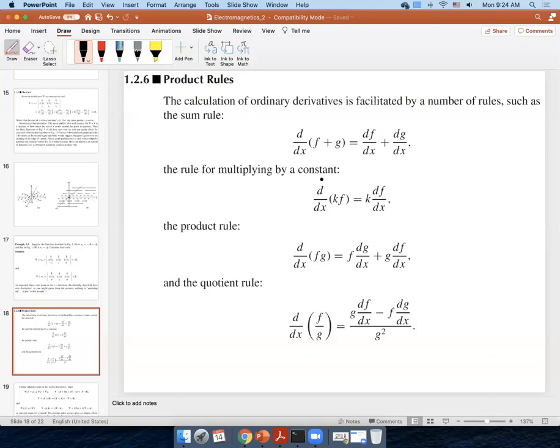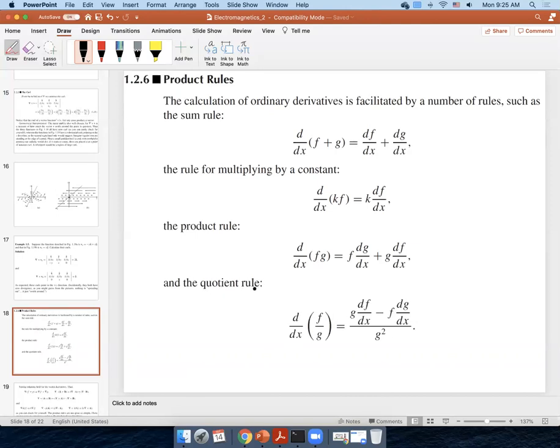For multiplication by a constant, let's say k is a constant and f is a function, so d(kf)/dt equals k times df/dt. The product rule: if you have two functions, f and g, which are both functions of x, then d(fg)/dx equals f dg/dx plus g df/dx.